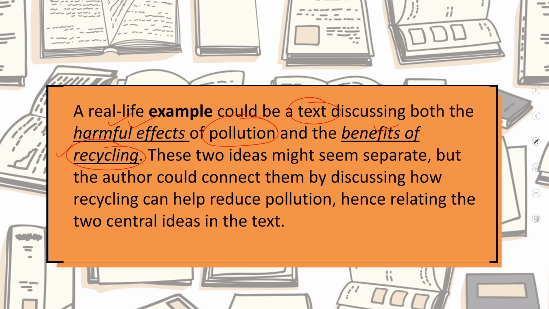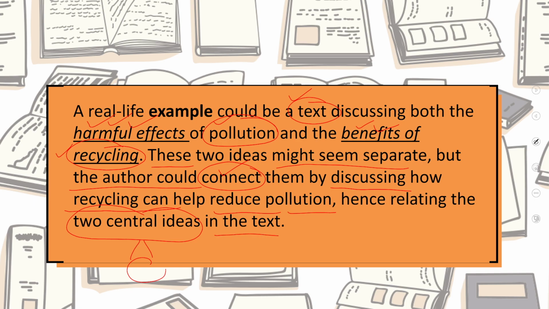So in this way, these two ideas which I've highlighted over here might seem separate. Here we are talking about effects, but here we are talking about benefits. So these seem separate, but the author could connect them by discussing how recycling can help reduce pollution, hence relating the two central ideas together in the text.